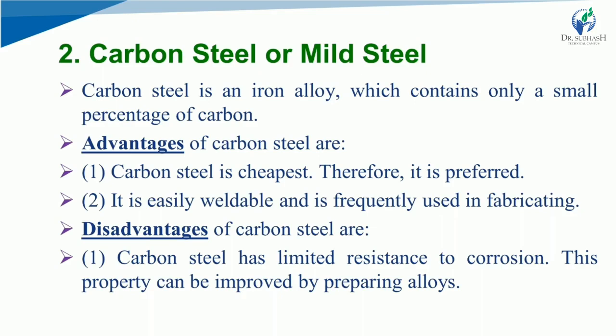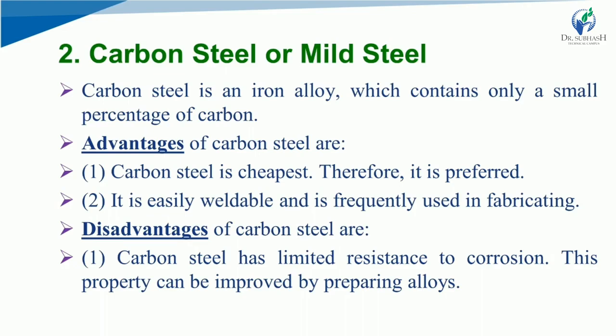So if I describe everything in detail, carbon steel is an iron alloy which can have a limited percentage of carbon. The advantages: carbon steel is cheapest. It is preferable when it comes to different materials. Carbon steel you can go for as a first priority. It is easily weldable.